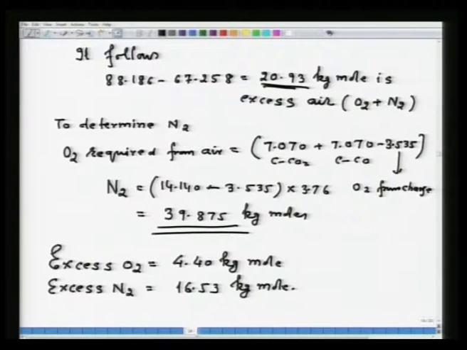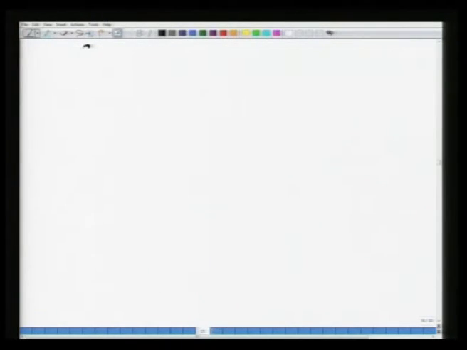So, now the composition of gas forming above the hearth level.